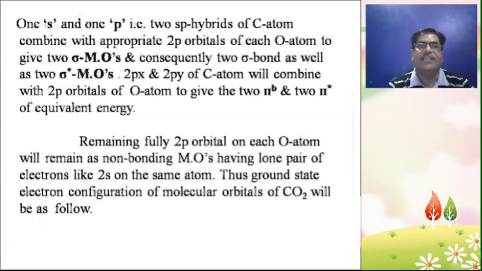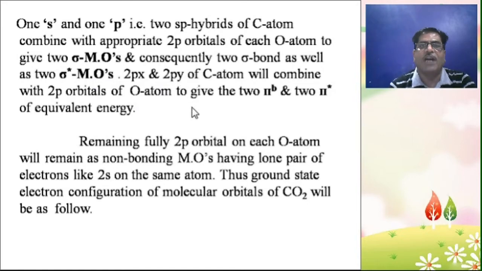Now let's see the bond order and magnetic properties of carbon dioxide. Here the 2 sp hybrids of the carbon atom combine with the appropriate 2p orbitals of each oxygen atom to give 2 sigma MOs, and consequently 2 sigma bonds as well as 2 sigma star MOs.